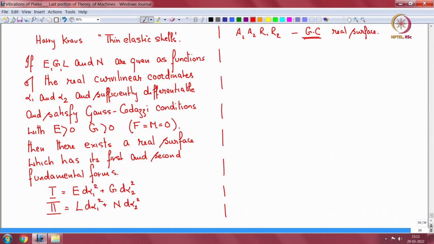They are like compatibility conditions, and because F and M are 0, what that means is that principal lines of curvature are the parametric lines. Which suits us fine because we are dealing with surfaces of revolution.